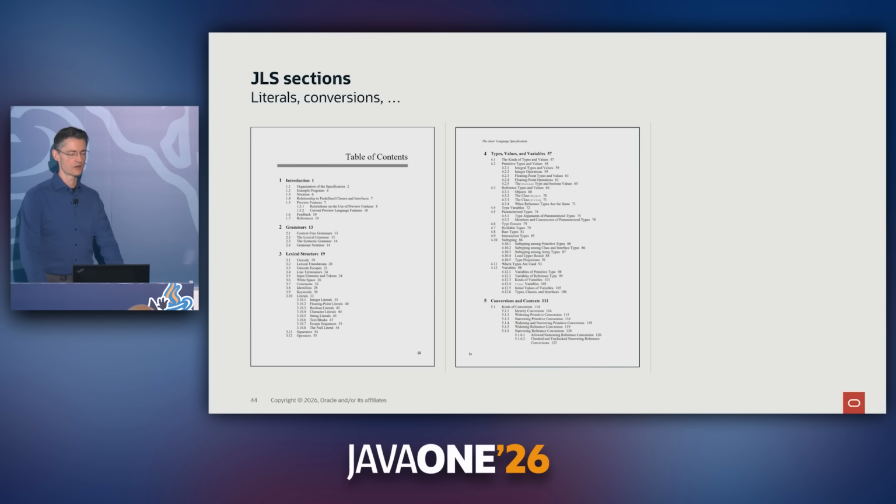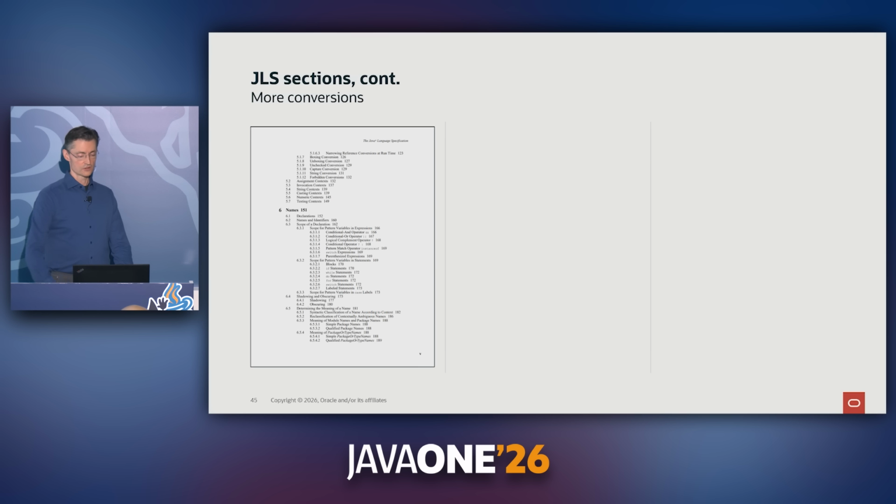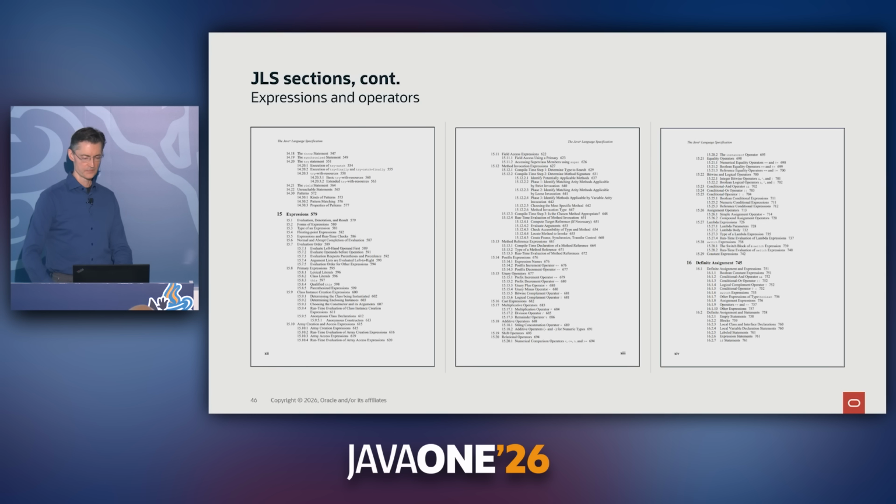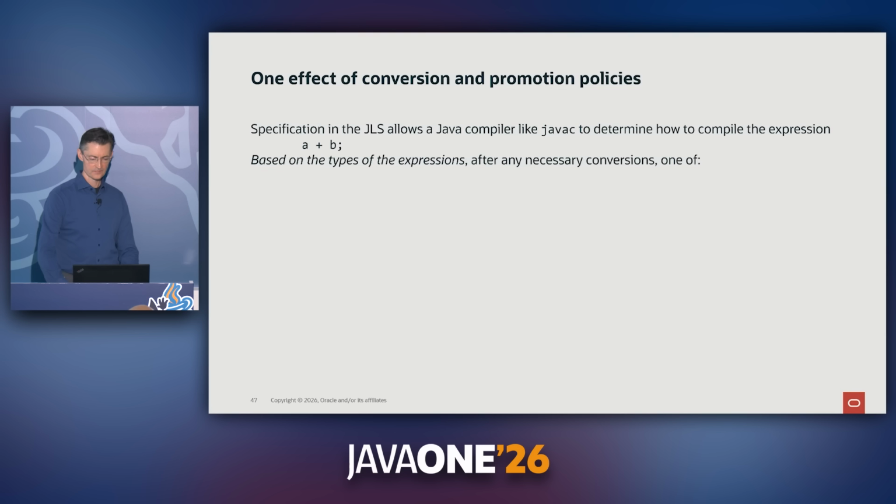In the JLS, there are many sections that need to be updated that discuss, say, literals and conversions, lots of updates there. There's a table in the JLS that goes quadratically with the number of primitive types to say what can convert to what, and more updates needed for expressions, operations and operators.